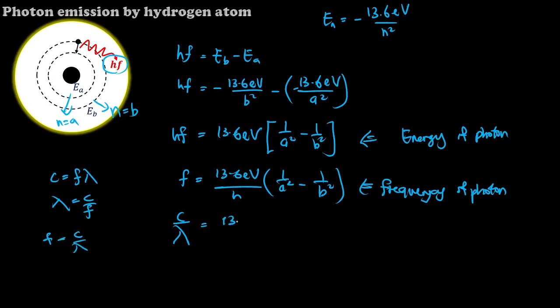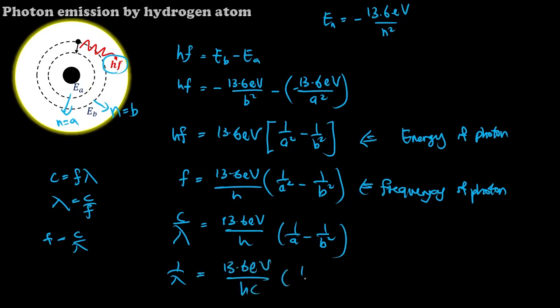Substitute inside, and you will get 1 over lambda equal to 13.6 electron volts over hc times 1 over A squared minus 1 over B squared. This is how you calculate the wavelength of photons emitted by the transition of electrons from a higher orbit to a lower orbit.